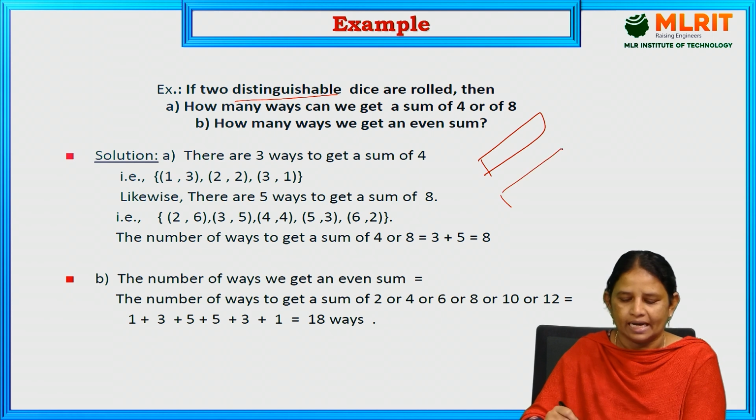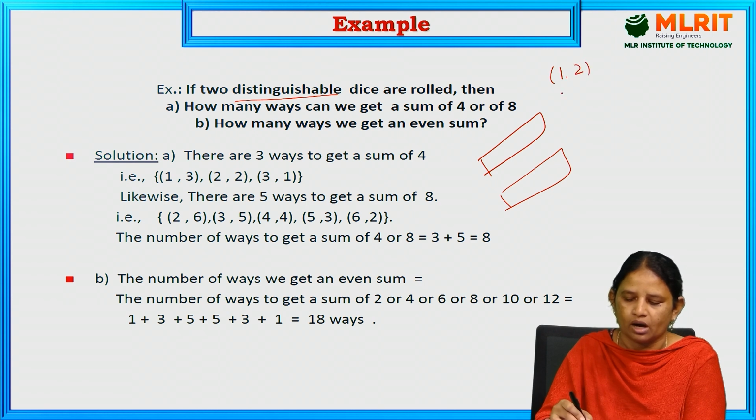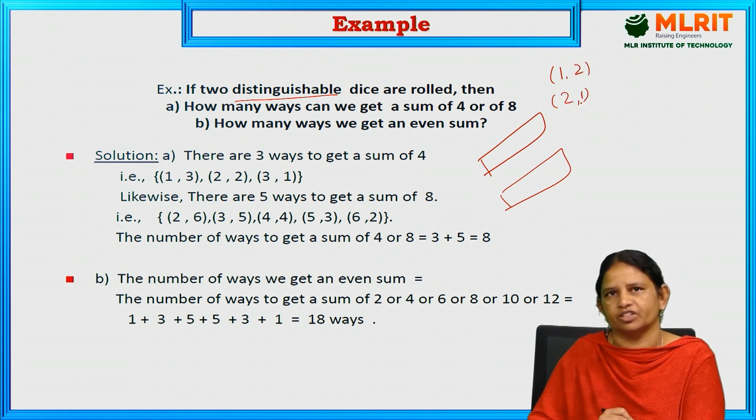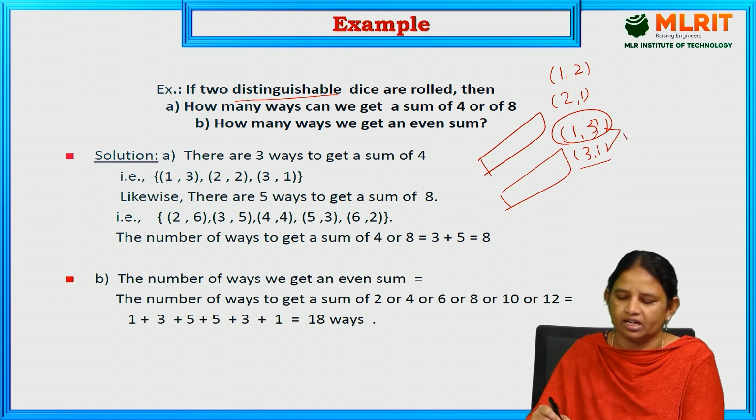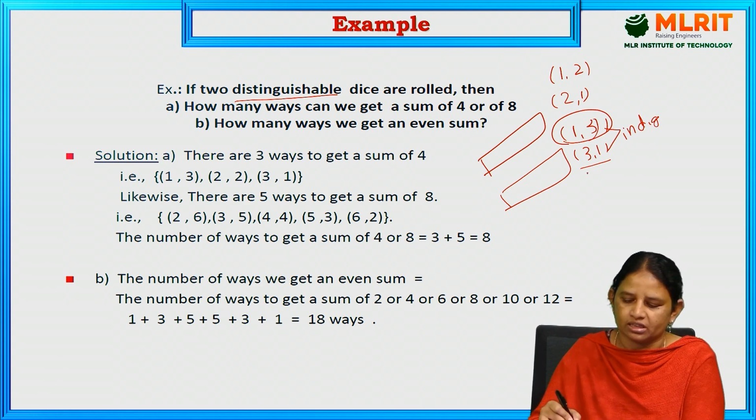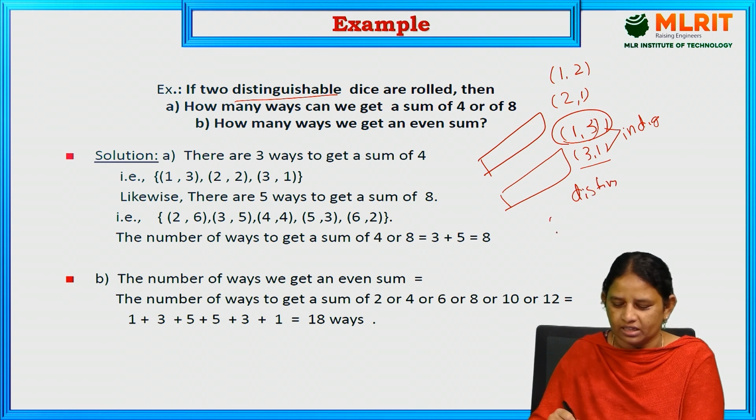Distinguishable means that 1, 2 and 2, 1 are different; 1, 3 and 3, 1 are different, since the first die can show 1 and the second die shows 3. If 1, 3 and 3, 1 are the same, then we say it is indistinguishable.